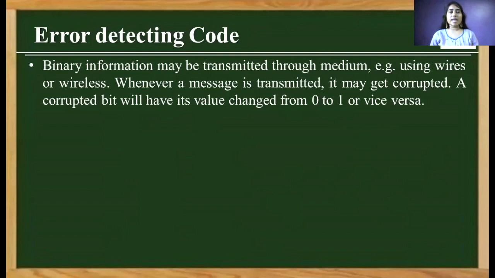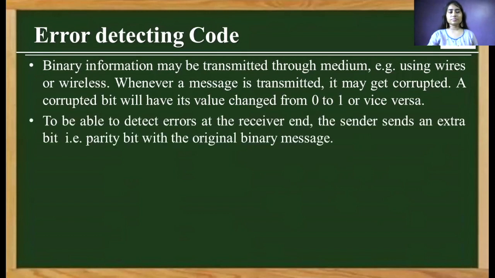Whenever we send some information from source to destination, it is possible that due to noise our bits get corrupted and their value changes from 0 to 1 or 1 to 0. So it is necessary that whenever a sender sends some information, the receiver will be able to detect the error.